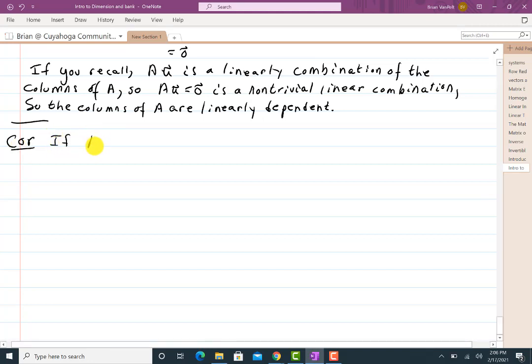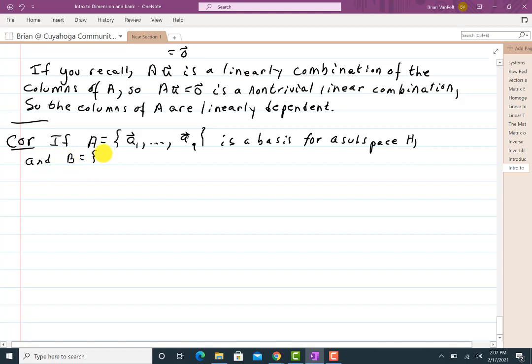So if A equals a1 up to aq, this time it's not a matrix but a set, is a basis for a subspace H, and B equals b1 up to bp is another basis for H, then p equals q.